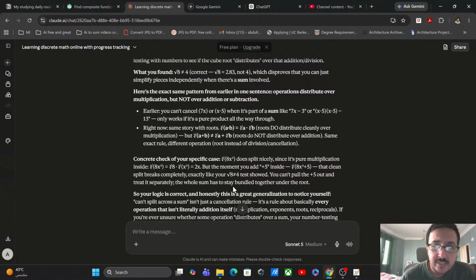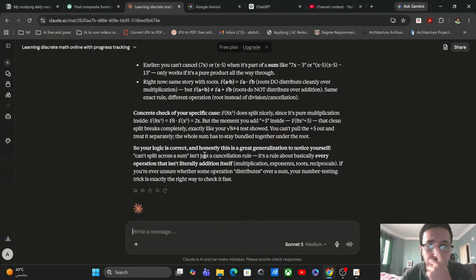The whole sum has to stay bundled together under the root. So your logic is correct, and honestly this is a great general rule to notice yourself. Can't split across the sum isn't just a cancellation rule, it's a rule about basically every operation that isn't the addition itself. Multiplication, exponents, reciprocals. If you're ever unsure whether some operation distributes, your number testing trick is exactly the right way to check.